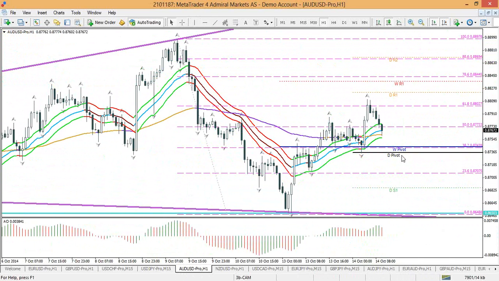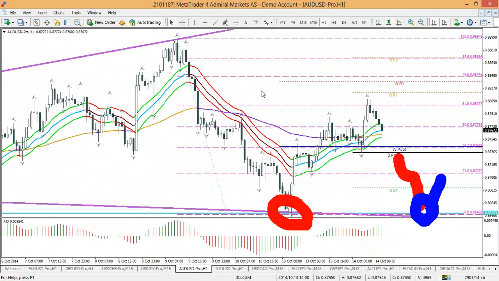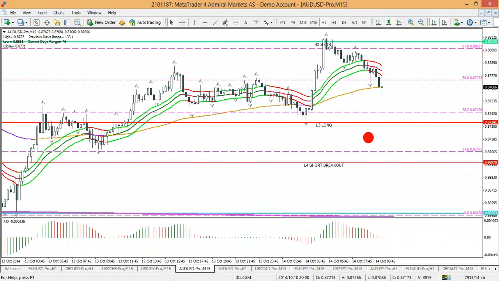If we do break below the daily pivot point, we could be retesting yesterday's low, which is the red circle, which could be a bouncing spot, which probably indeed equals exactly to the same on the Camarilla, and it nicely supports each other. A break below the daily pivot point is basically a break below the L3, and a move down to test the bottom is basically a move down to hit L5.